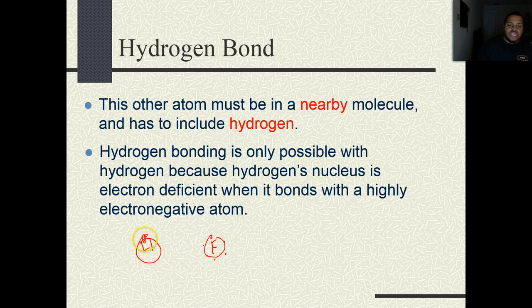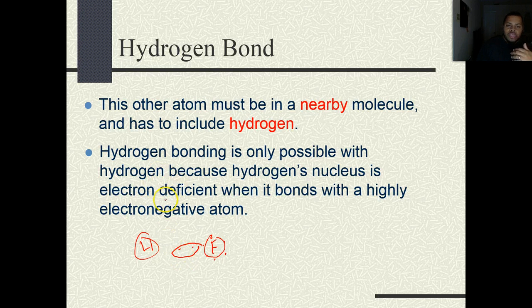So when it pulls this electron, let me go ahead and erase my electron from here. When it pulls that electron, it's going to pull it more on this side. So it's still being shared, but most of the strength is over here.